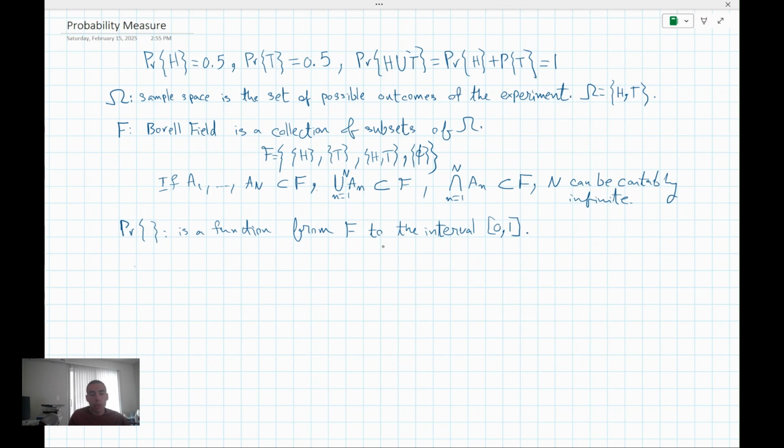So we are assigning real valued numbers between 0 and 1 to events in F, or members of F, which are also known as events.